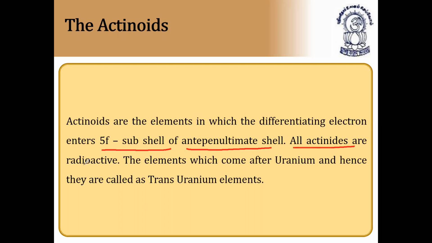All actinides are radioactive, very important. These elements come after uranium, so they are called trans-uranium elements, as their atomic numbers range from more than 92 up to 114. Uranium's atomic number is 92, so they are called trans-uranium elements.